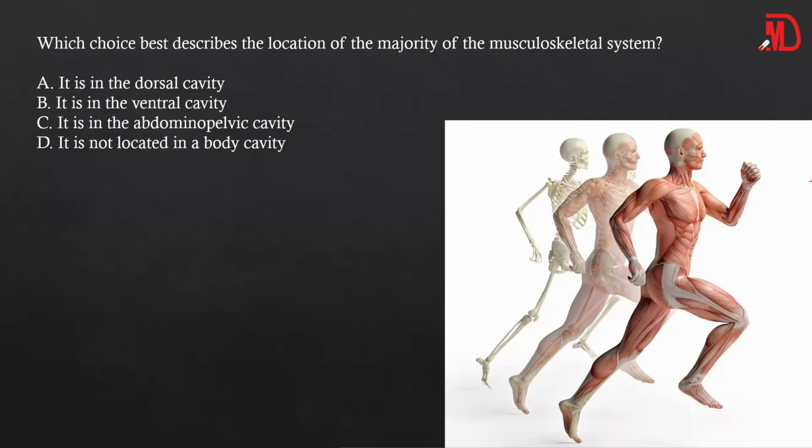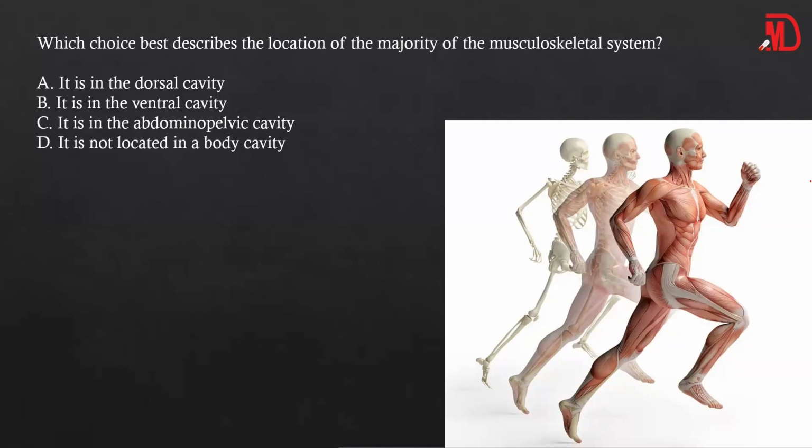Now, the other component is the connective tissues. These are made up of the joints, the ligaments, the tendons, and the cartilages. So that is a summary of what you need to know about the musculoskeletal system.